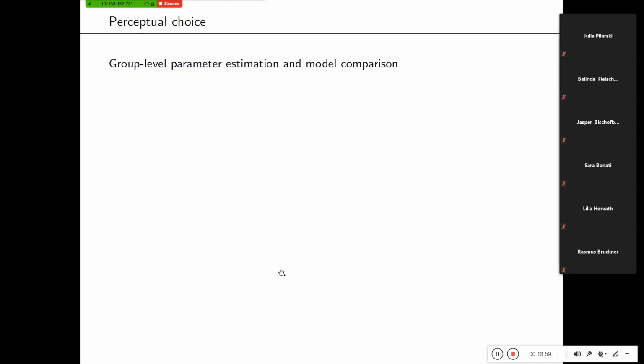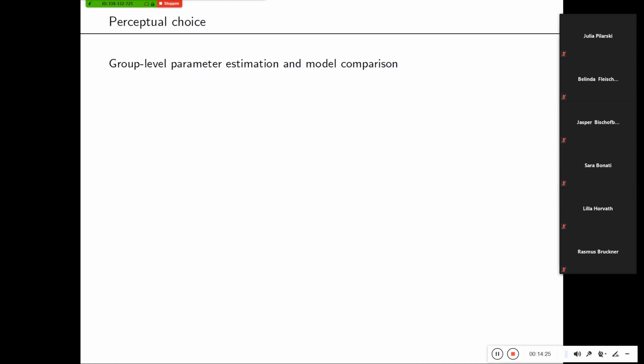And then at the group level, we in general use this random effects model comparison approach that we get from the SPM world. Here, I haven't fully integrated this, because then I would have to write up certain things about that.